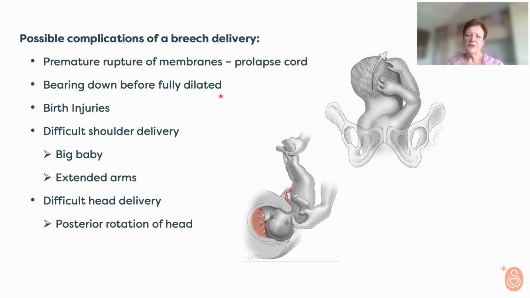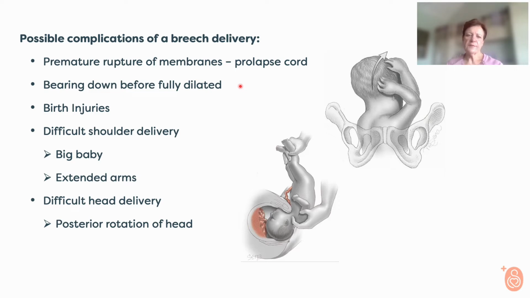Then also, because the breech is much smaller than the vertex, it engages into the pelvis much quicker than the vertex, and that makes the breech press on the rectum, and much earlier than in the case of the vertex, the patient experiences this bearing down reflex.